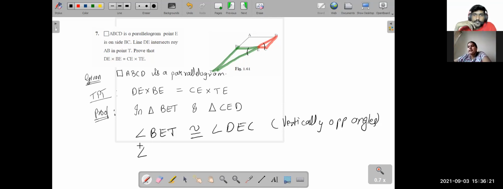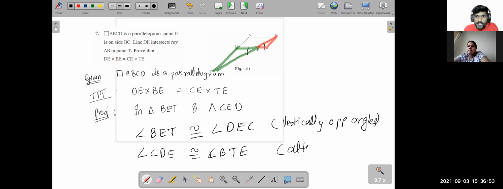Yeah, so angle CDE and angle BTE. Angle BTE. They will be congruent to each other because they are alternate angles.